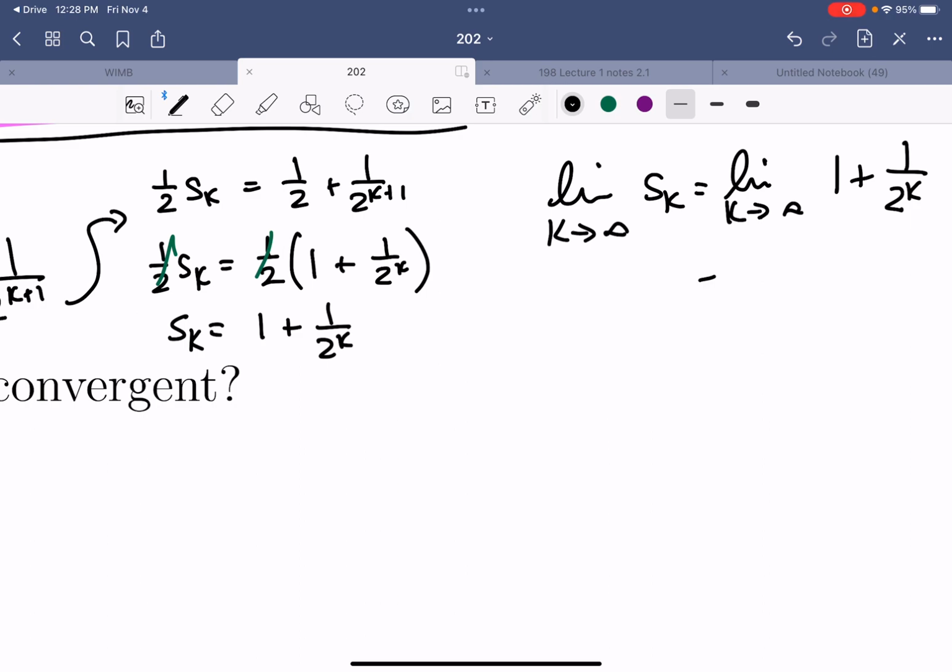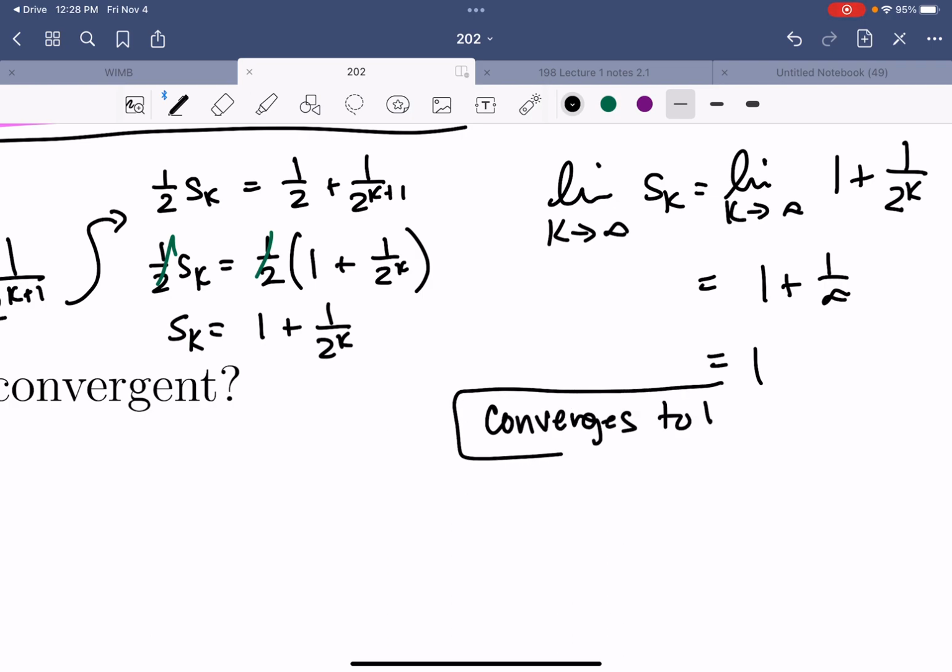So when you plug in infinity here, this is 1 plus 1 over infinity, and that's just 1. So where does my sequence converge to? My sequence converges to 1, right? And the sum of the series is equal to 1.